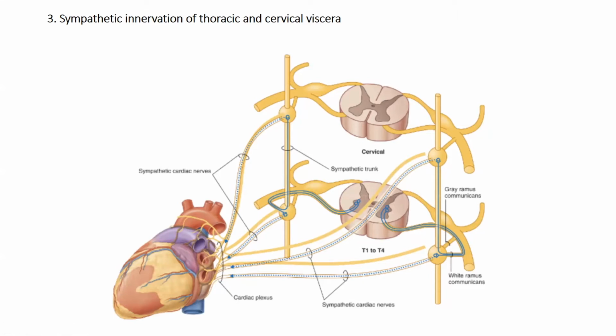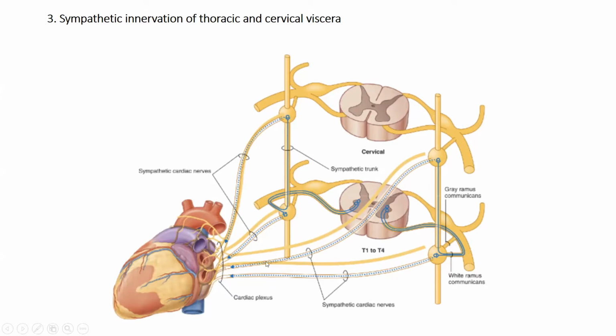This usually synapses with the postganglionic fiber, and then it exits medially as a visceral branch or visceral nerves. For example, if you remember, we discussed the cardiac nerve. So it's one example of this pathway.